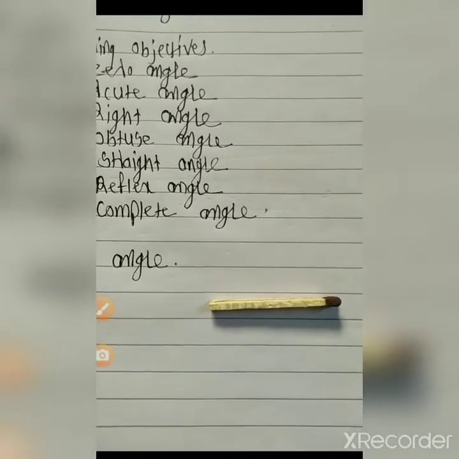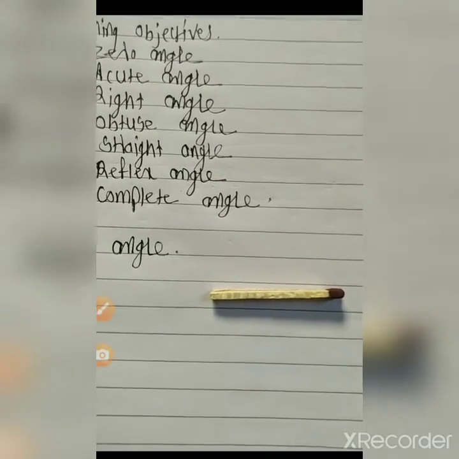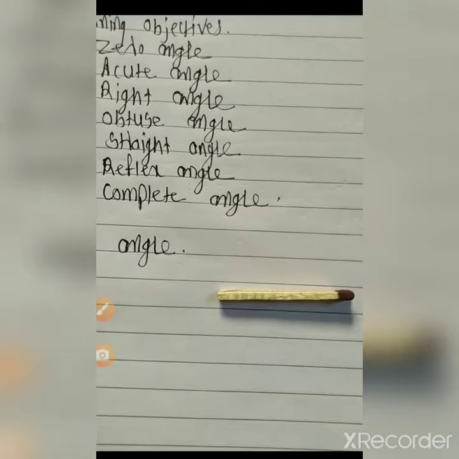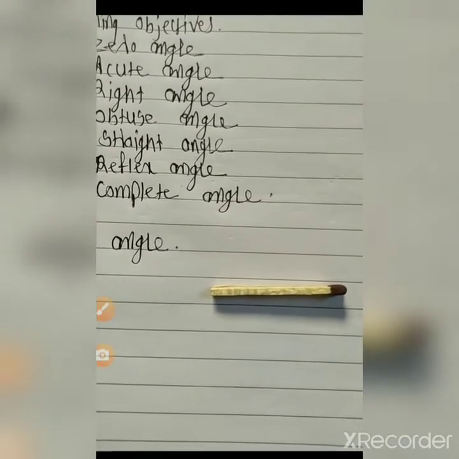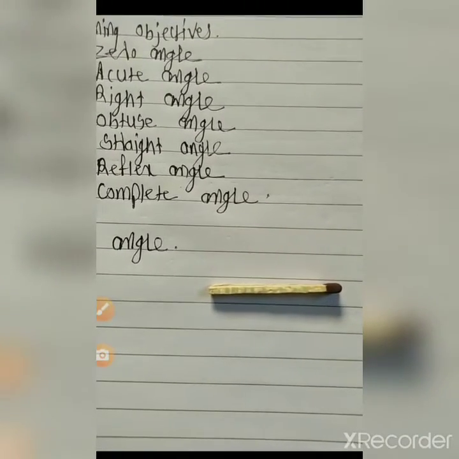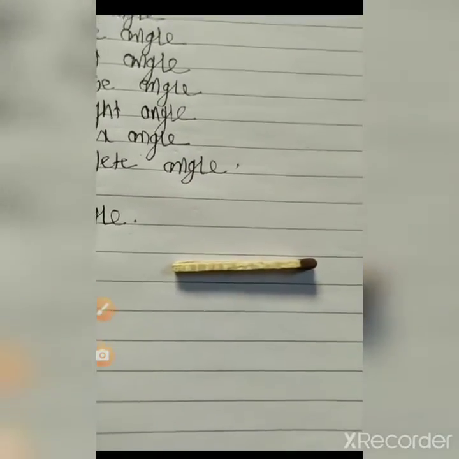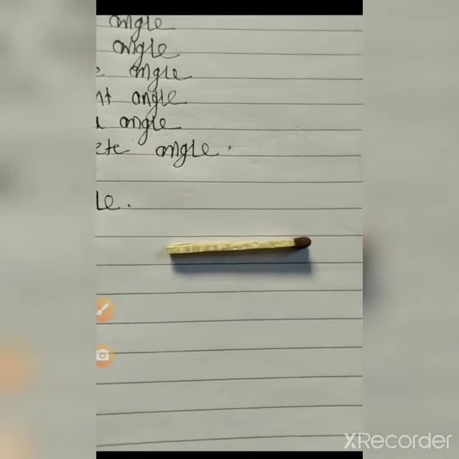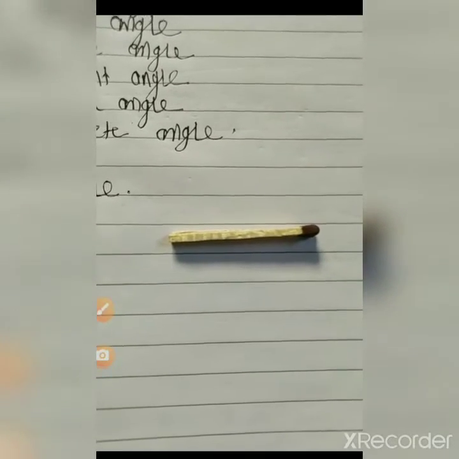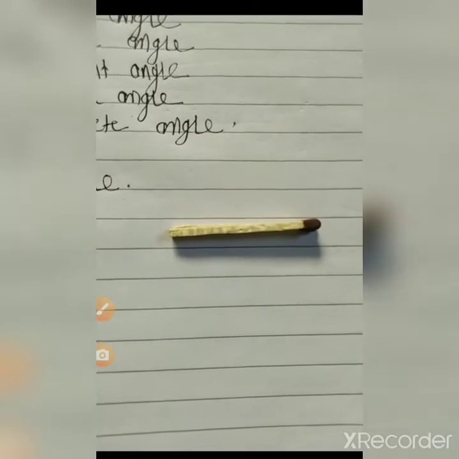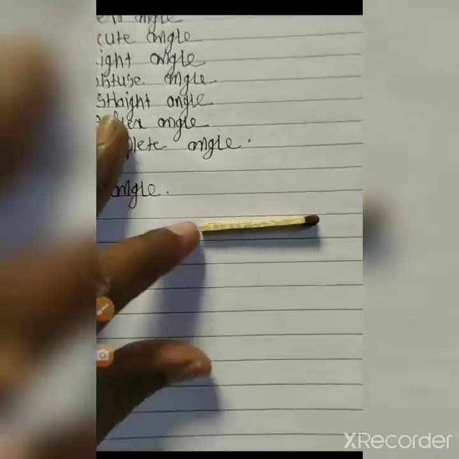There is no change in their position. In this position, the angle between the sticks is called a zero angle, and the measure of the zero angle is written as 0 degree.